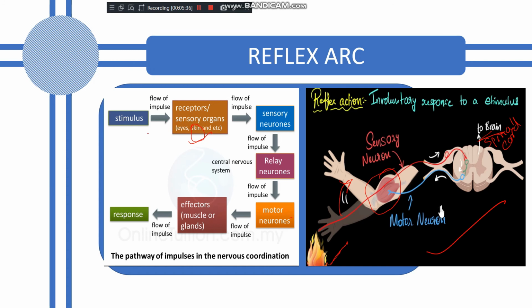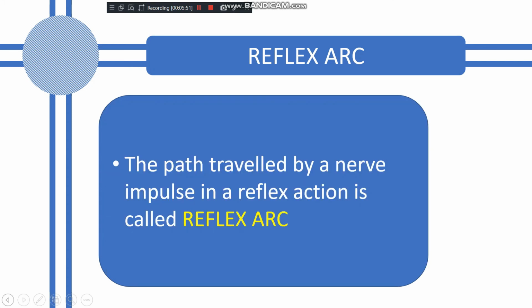So from stimulus to response, a complete path has been covered to carry out a reflex action, and this pathway of the impulse in nervous coordination is called reflex arc. So what is reflex arc? Reflex arc is the path traveled by a nerve impulse in a reflex action. To complete a reflex action, the path carried out by the nerve impulse is called reflex arc.